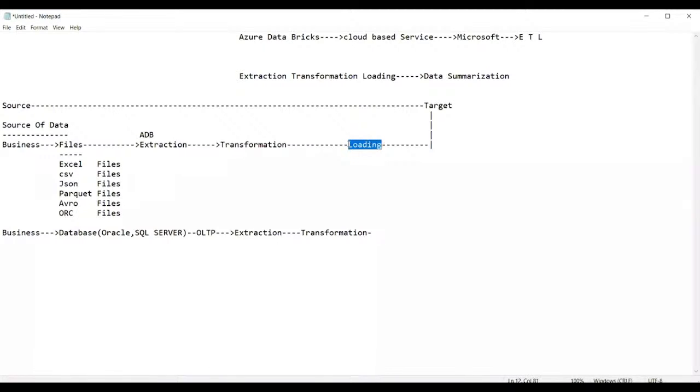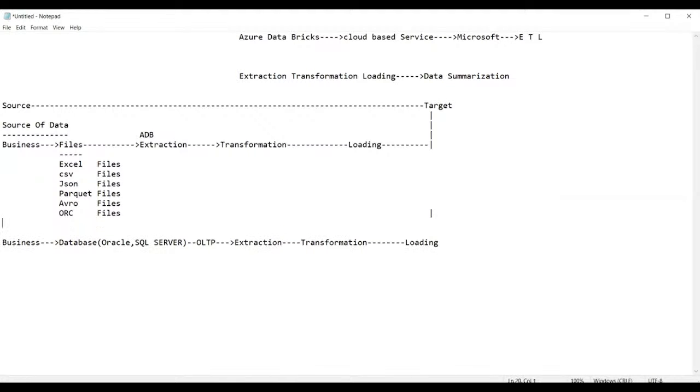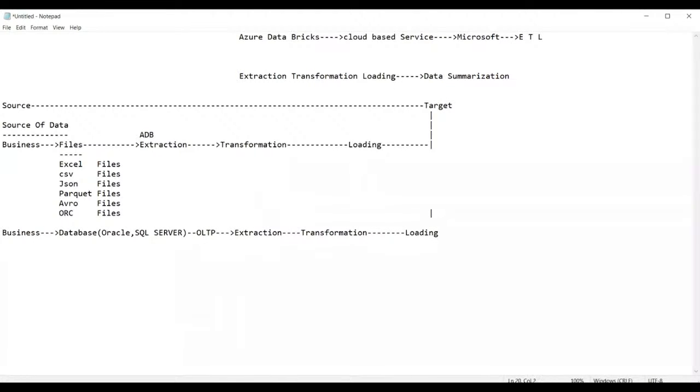So now loading will be done into the destination. This will be your destination. Getting my point? Now guys, destination.